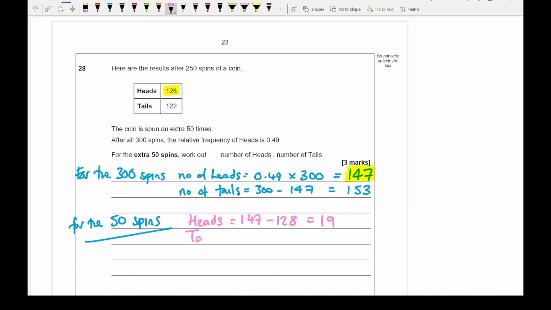And for the tails I take away this number from this number, so that's going to be 153 minus 122, which gives us 31. And then all that's left for me to do is convert it into the ratio as requested. So heads to tails is going to be 19 to 31.